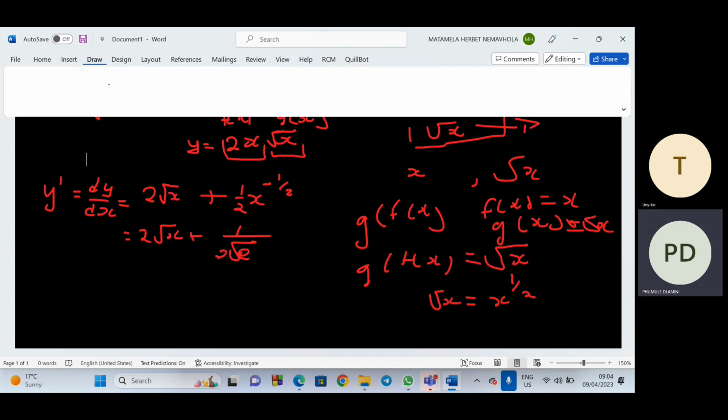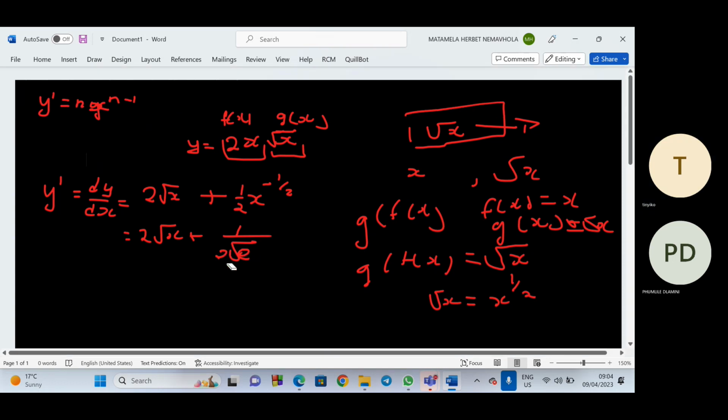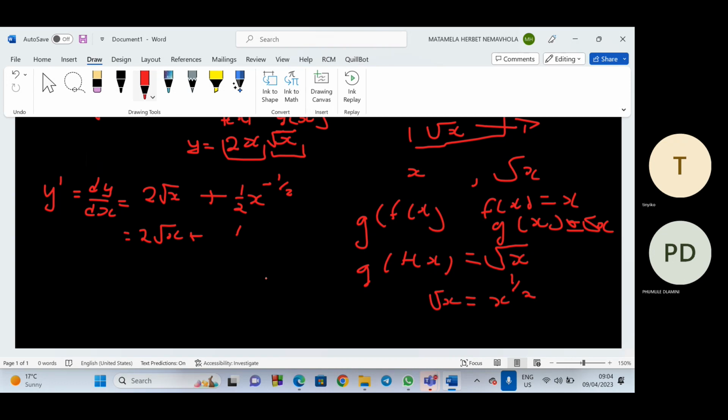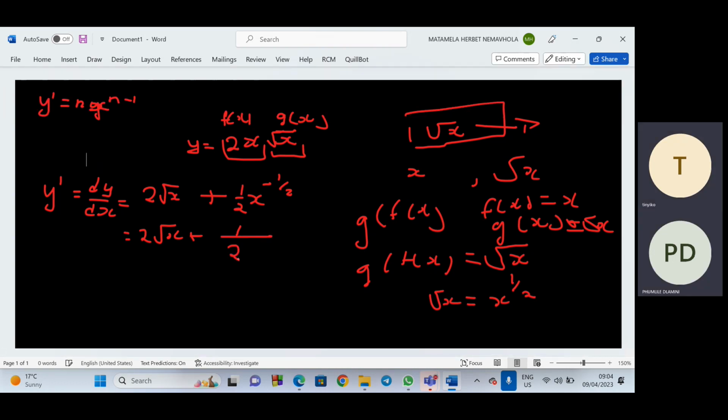Let me write this one properly. It's going to be 1 over 2 square root of x.